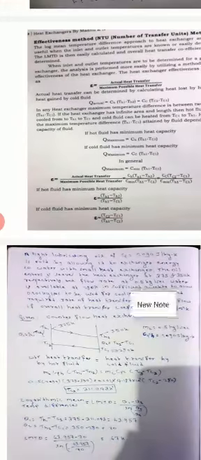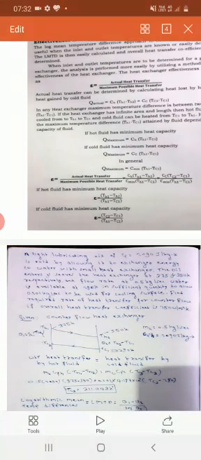Let us draw the counterflow heat exchanger diagram. Hot fluid is moving from Th1 to Th2 in one direction. Cold fluid is moving from Tc1 to Tc2 in the opposite direction, where theta 1 is the difference at the inlet temperature and theta 2 is the difference at the outlet temperature. Here the temperature of the hot fluid is given.